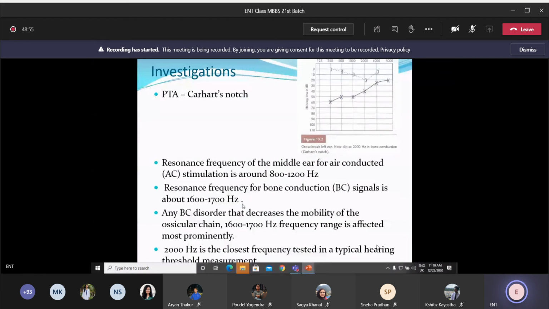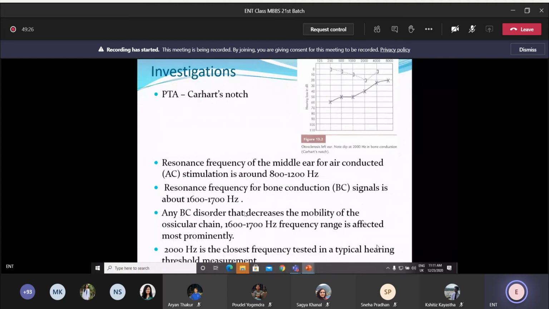Any disorder that decreases the mobility of the ossicular chain, okay, the 1600 to 1700 hertz frequency range is affected most prominently. Okay, so what happens? 2000 hertz is the closest frequency tested in a typical hearing threshold measurement. Because of that, you would see the dip at 2000 hertz.